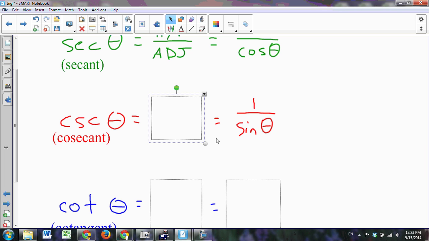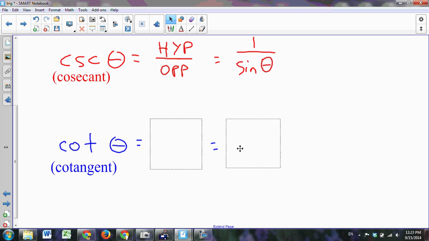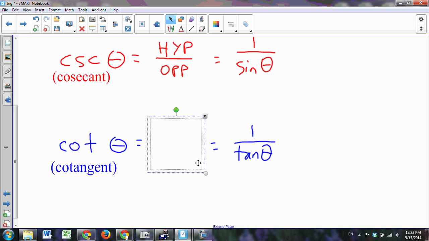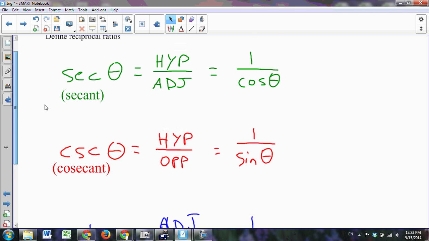So since sine is opposite over hypotenuse, cosecant will be hypotenuse over opposite. And the cotangent, well, you probably guessed that cotangent is the reciprocal of tangent. Since tangent is opposite over adjacent, cotangent will be adjacent over opposite. So now, let's practice with these.